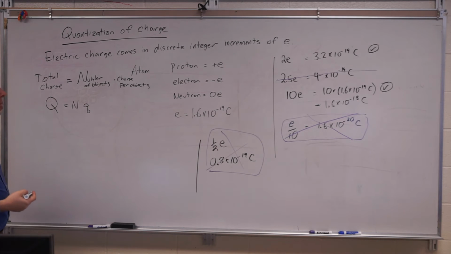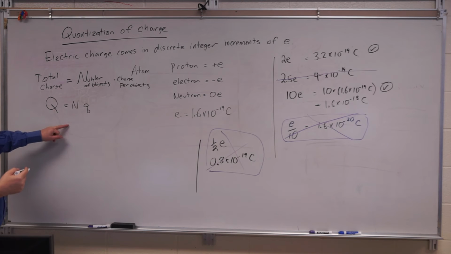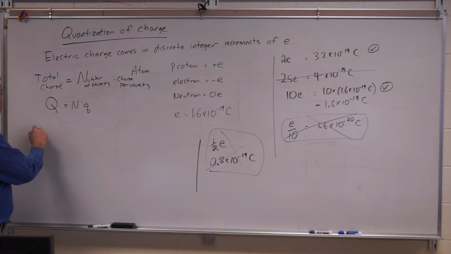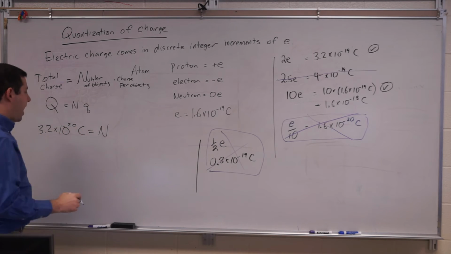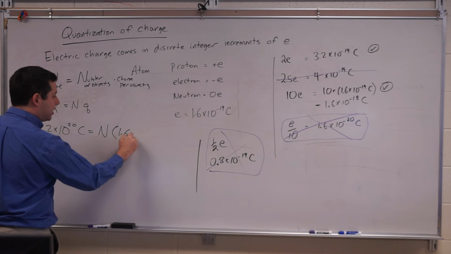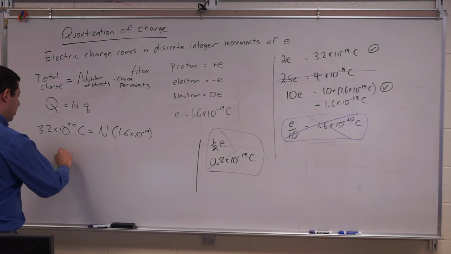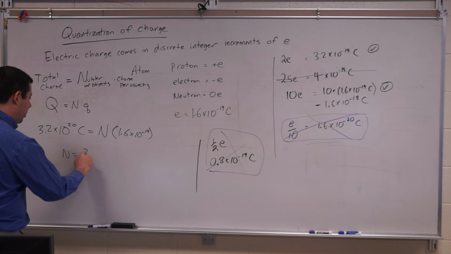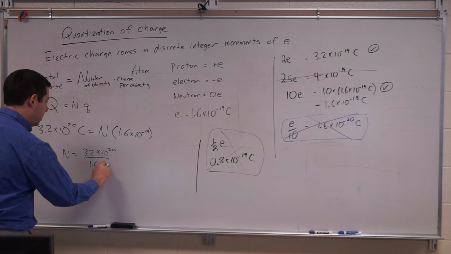So imagine you wanted to know how many protons are in a charge of, let's say, 3.2 times 10 to the 20th coulombs. We know that the charge of a proton is 1.6 times 10 to the negative 19th. And so you solve for N. N equals 3.2 times 10 to the 20th divided by 1.6 times 10 to the negative 19th.